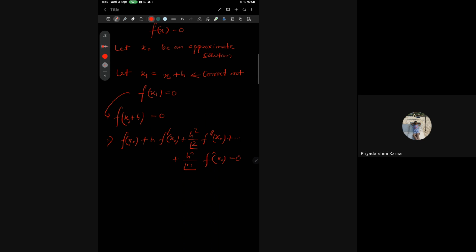Right? Now, what is h? h is a very small quantity. Therefore, h square, h cube, h to the power n are even smaller and hence can be neglected.